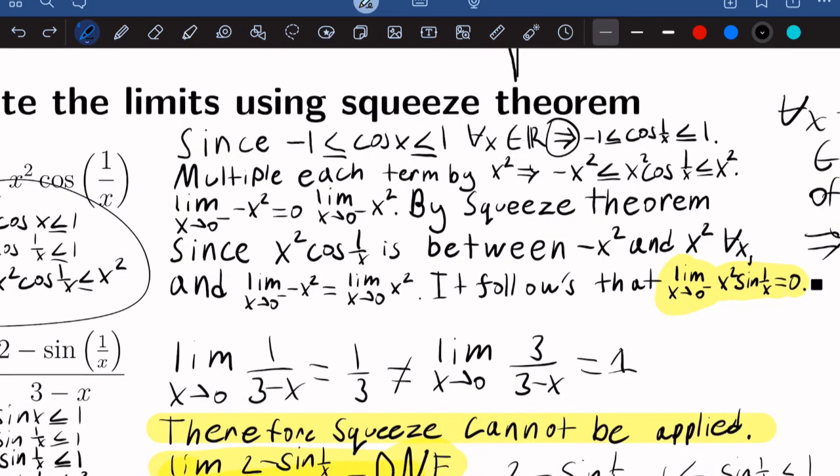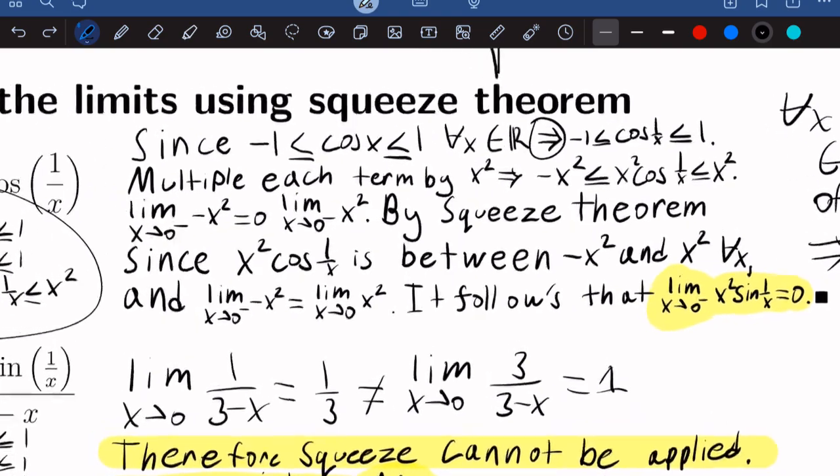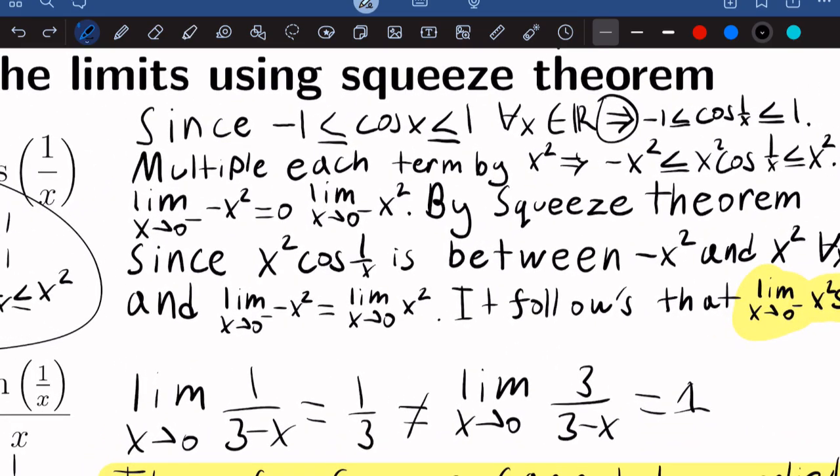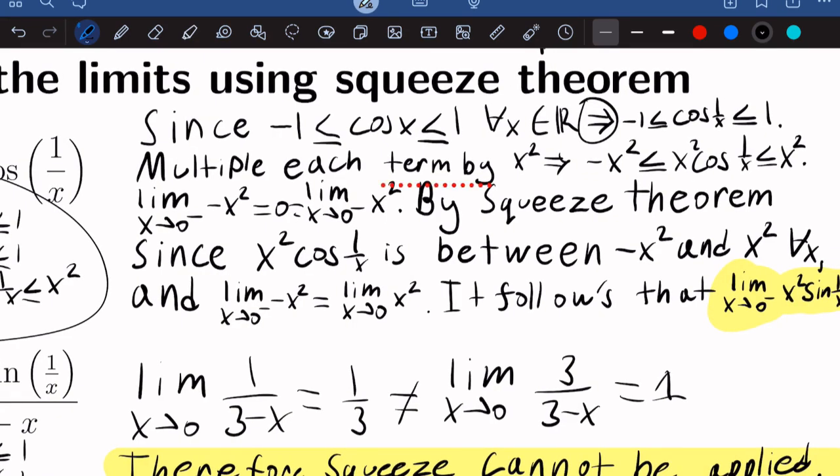Multiply each term by x squared to get negative x squared is less than x squared cosine of 1 over x, which is less than x squared. And then if you take the limit of your outside functions, they're equal, which is equal to 0. And then you could state your theorem, which is squeeze theorem.